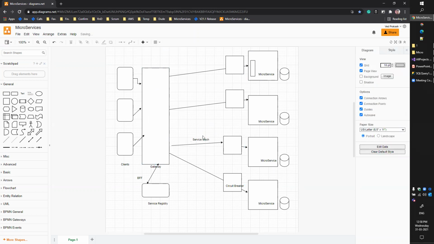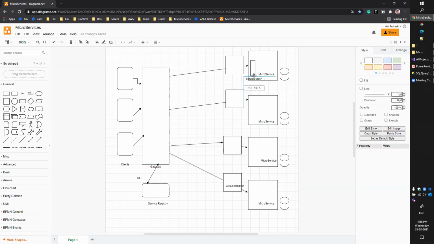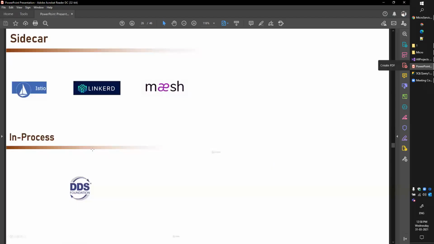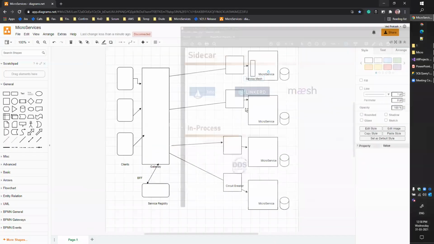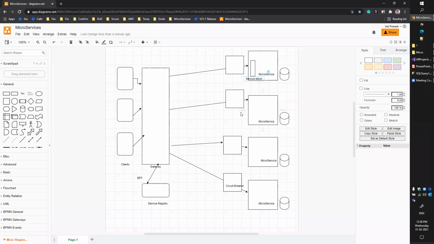Or it can even sit outside as well, as in the examples I gave you, like Istio. You can have this configured outside your microservice box, outside this bounded box. I've just drawn one only, and for all the others also, if you need to configure, if the problem statement says so, you can do that.